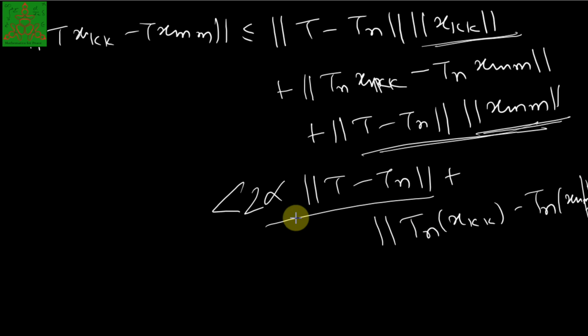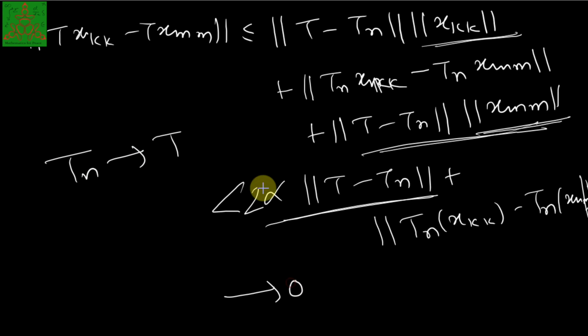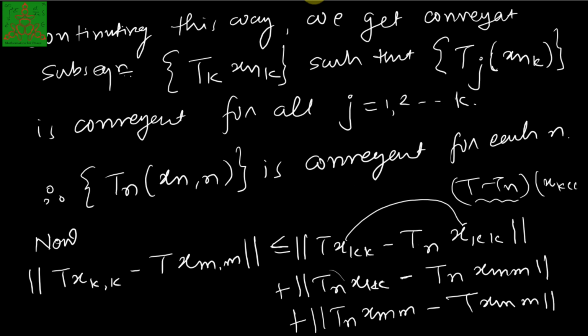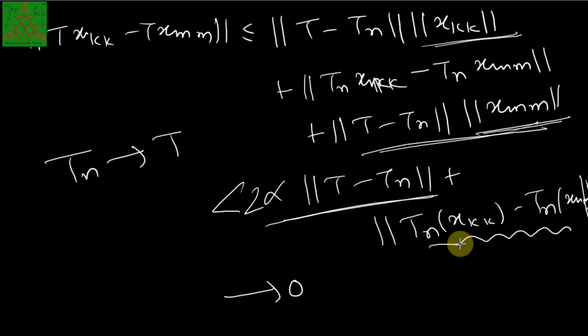Now the first quantity is tending to 0 because we have given Tn tends to T. The second quantity is tending to 0 because we have Tn x_{nn} is convergent. So therefore this also tends to 0, and hence we can say that T x_{kk} is a Cauchy sequence in H, and H is a Hilbert space.